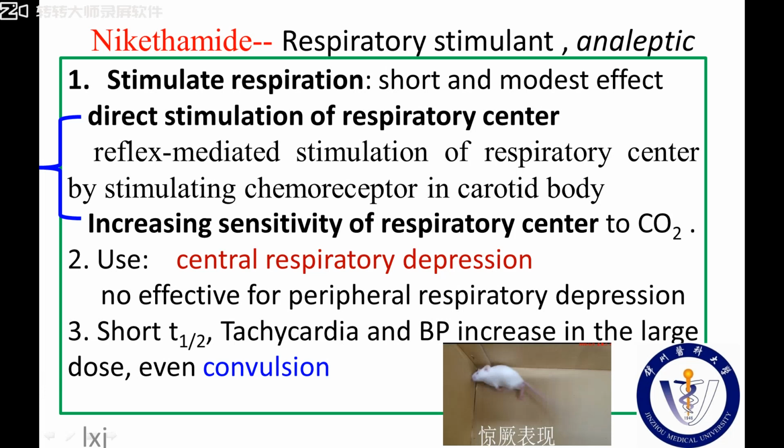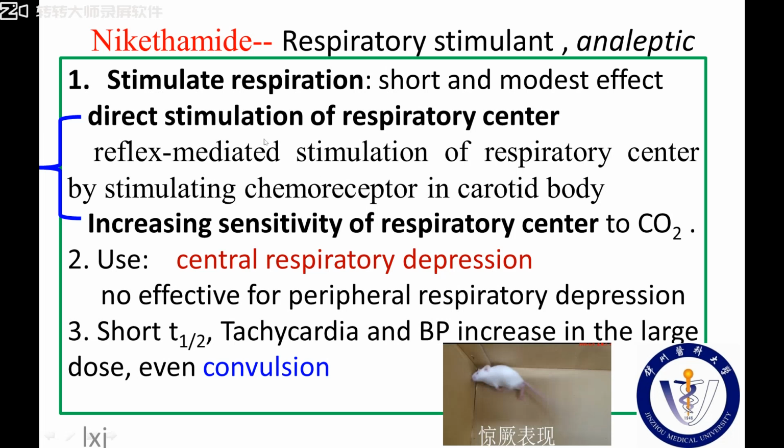Repeated administration of nicotinamide maybe leads to a cumulative concentration that is too large. It is similar to using nicotinamide in a large dose. So nicotinamide maybe leads to tachycardia and increased blood pressure, even convulsion, even death.